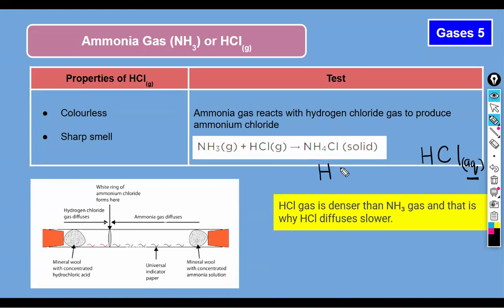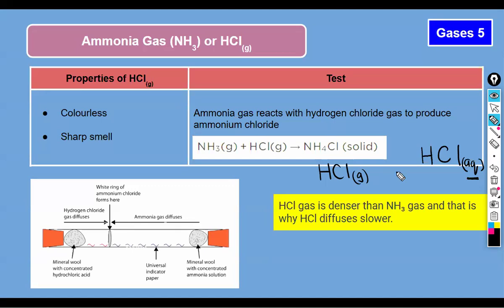But if you see HCl with a G, is that hydrochloric acid? The answer is no. That's just hydrogen chloride gas. It's not even fair to say that's hydrogen chloride gas acid.